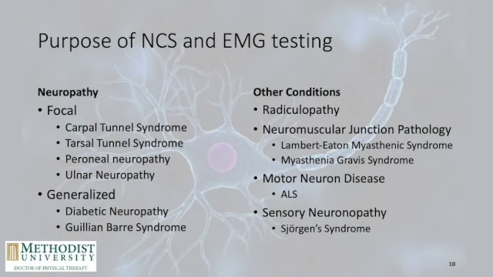They can be for more generalized things like Guillain-Barré or diabetes. And then other more serious complications, things like myasthenia gravis, things like Lou Gehrig's disease or ALS. And there's a lot of other conditions that can benefit from NCS and EMG testing.